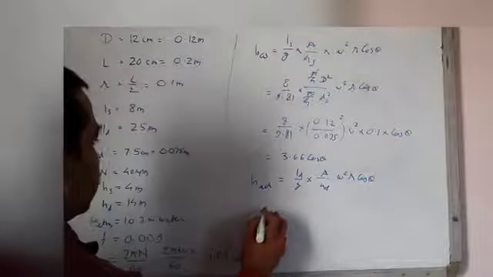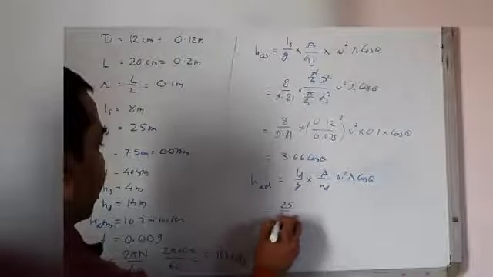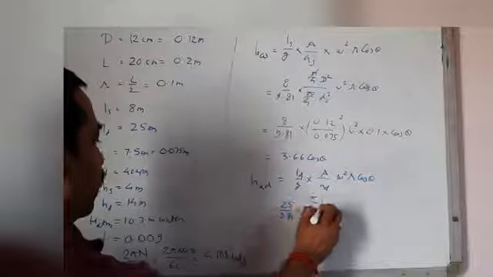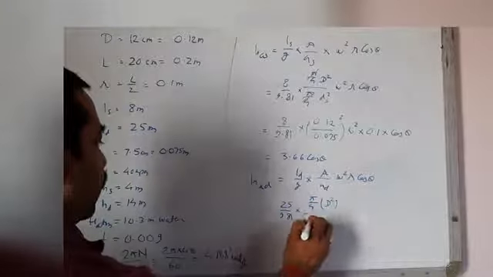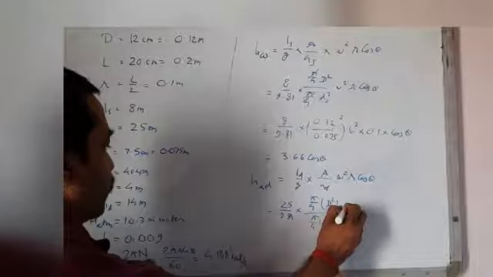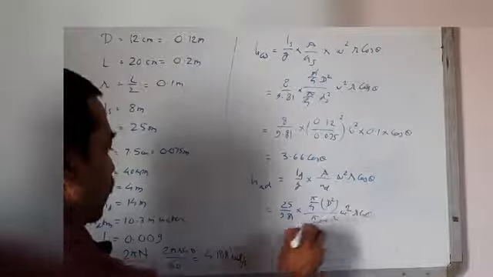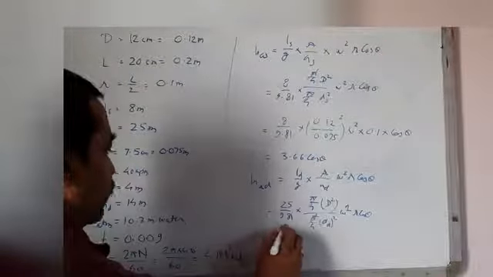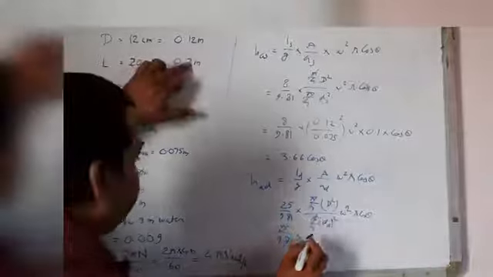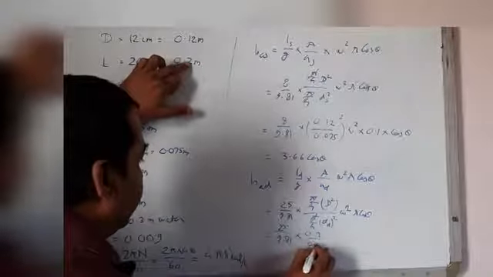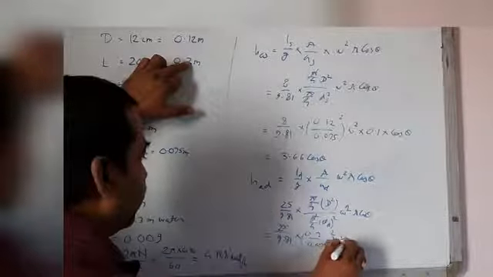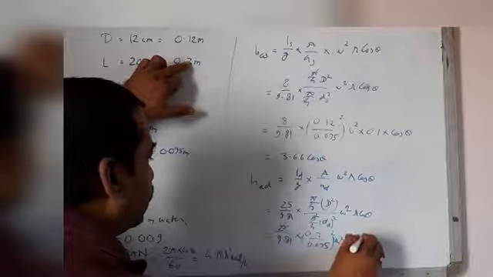Putting the values here, this is 25 by 9.81 into pi by 4 d square by pi by 4 dd square, omega square r cos theta, that is 25 by 9.81 into d is 0.12 by 0.075 square, omega square r cos theta.